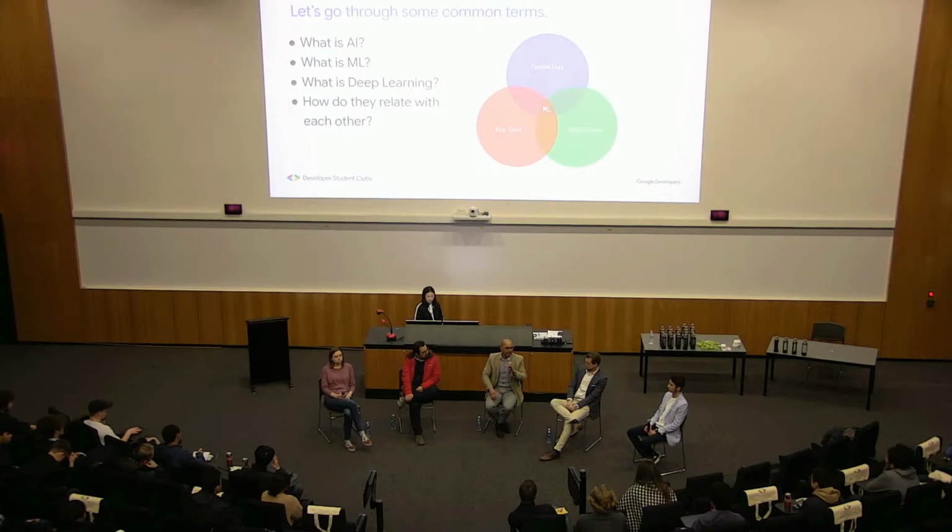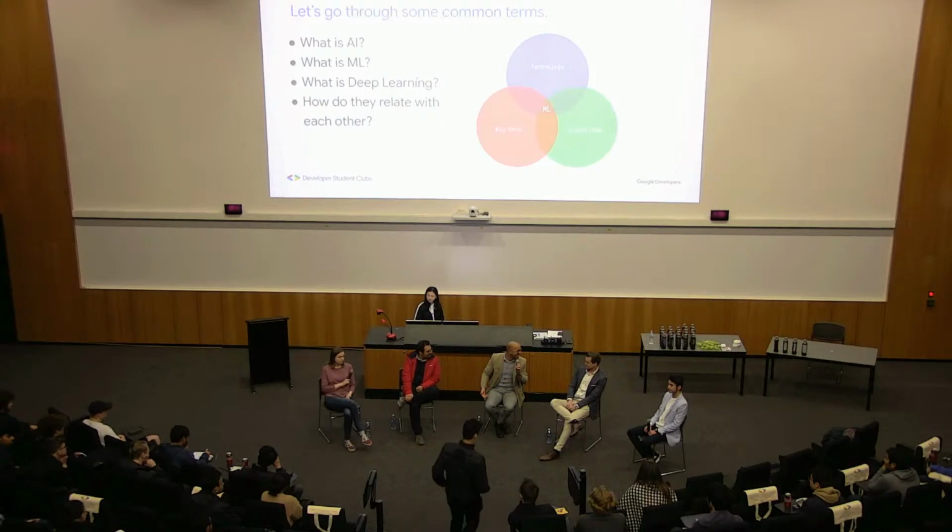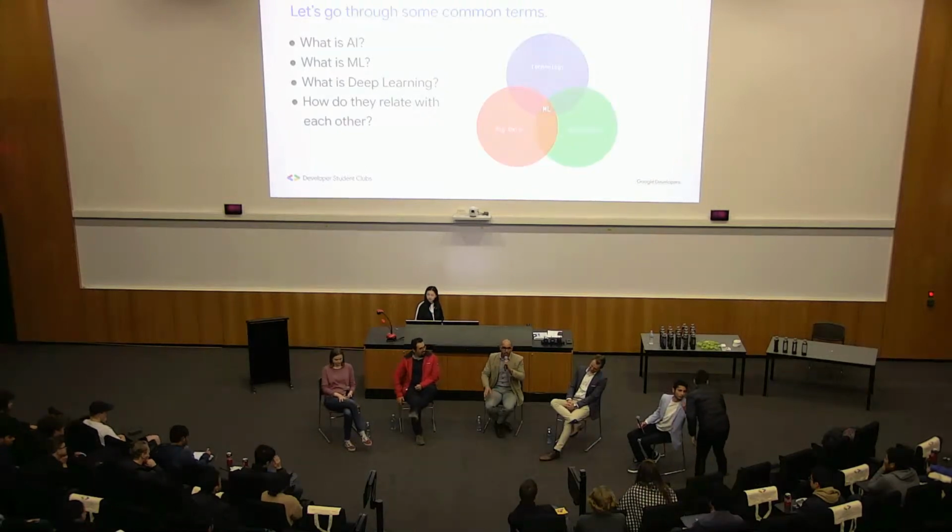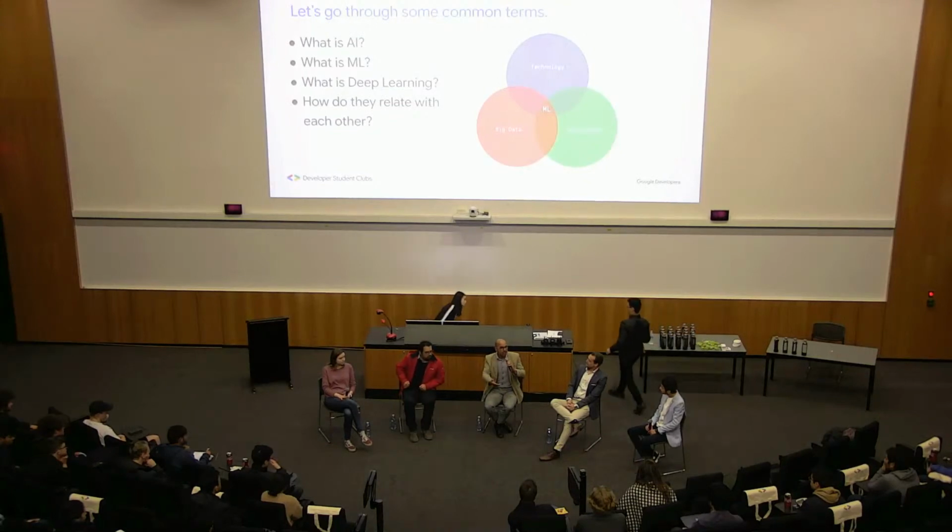Instead of handcrafting all the features you want to extract from an image, like color, shapes, geometry, edges, and things like this, now you ask a machine learning model to learn it for you.